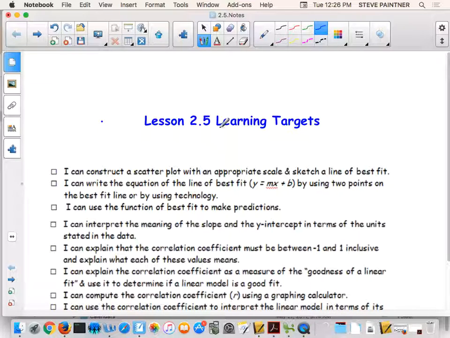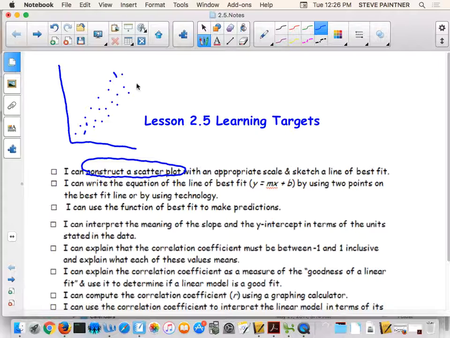Now, one of the big ideas here is to construct a what? A scatter plot. You know what a scatter plot is? You're going to plot a bunch of points, and they're going to be scattered all over the place like this.